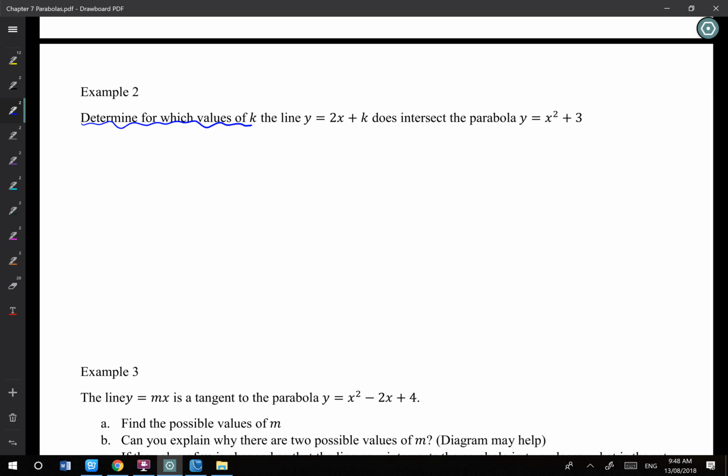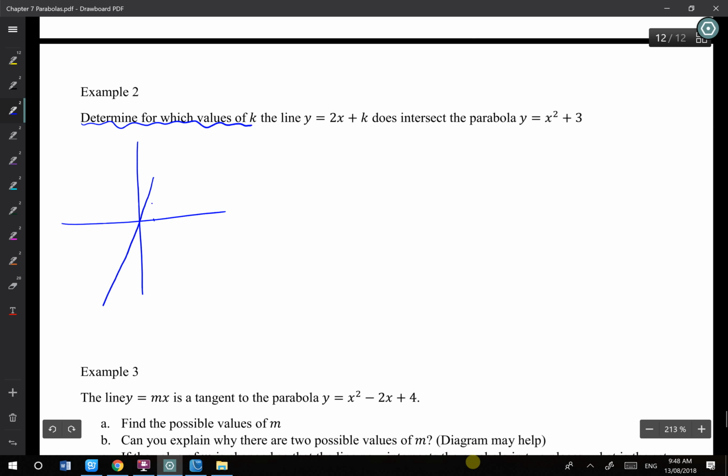That's not really fun. So what we have is 2x plus k, a linear. If k equals 0, I will have y equals 2x.